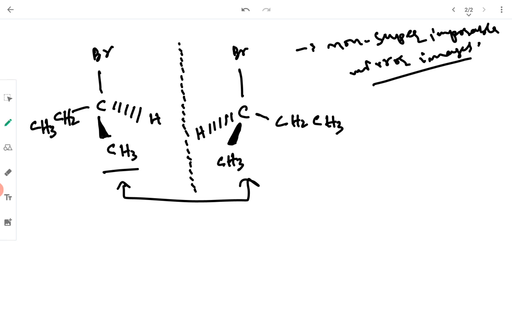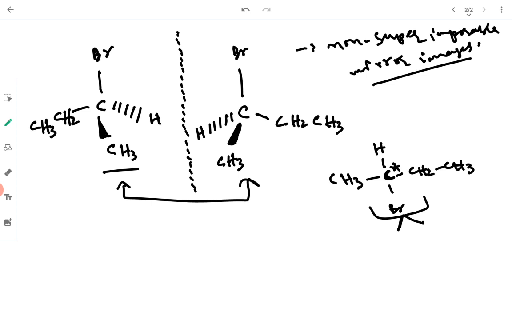If you check these two molecules closely, you will see that 2-bromobutane, which has this formula CH3CHBrCH2CH3, can exist in two forms, because there can be two possible arrangements of atoms or groups attached to this carbon.